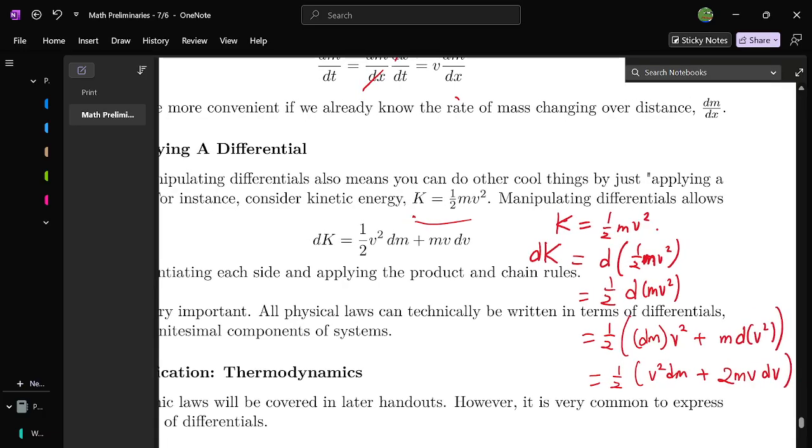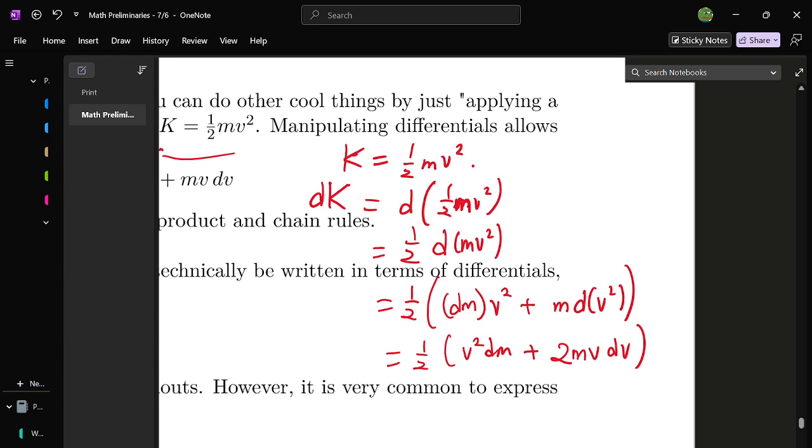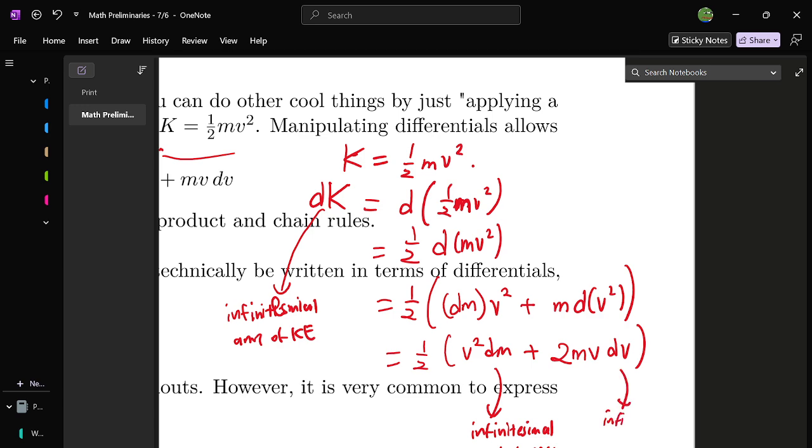So this is what I mean by applying a differential. You have now obtained the expression for an infinitesimal amount of kinetic energy in terms of an infinitesimal amount of mass and infinitesimal change in speed.